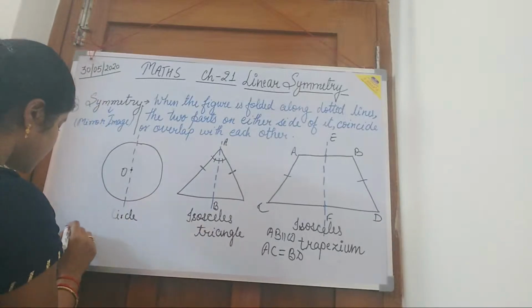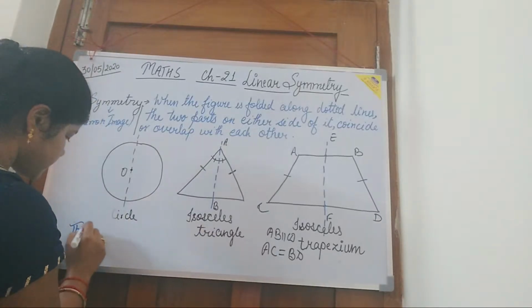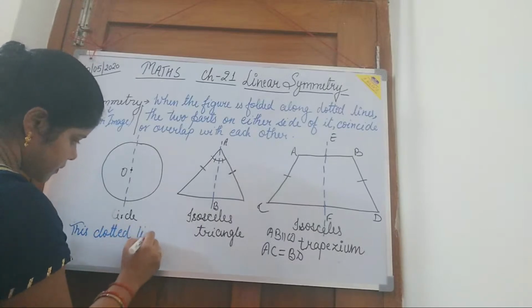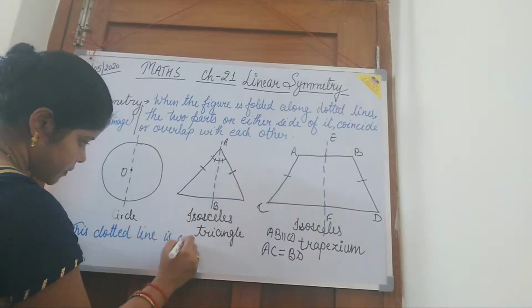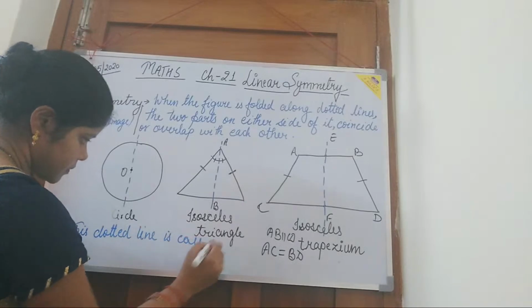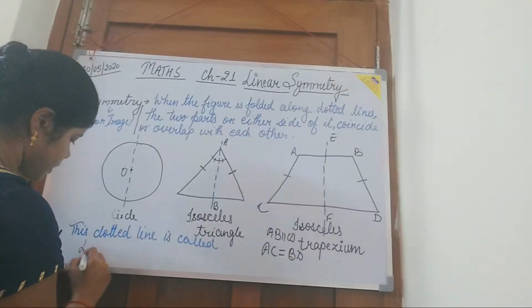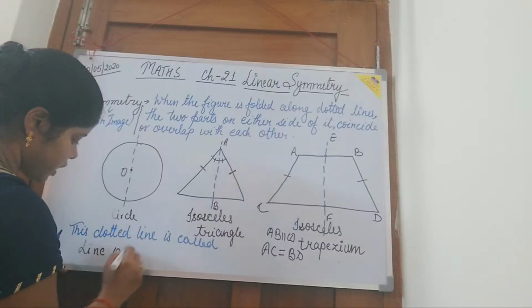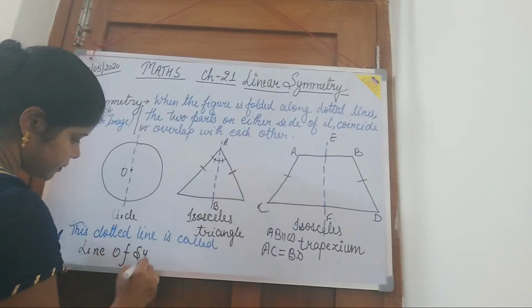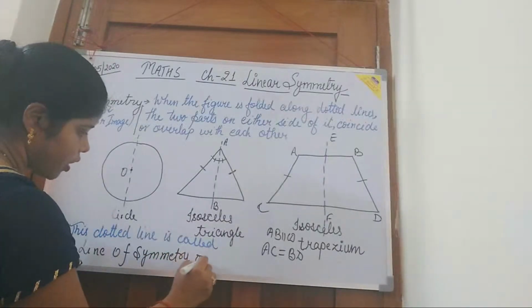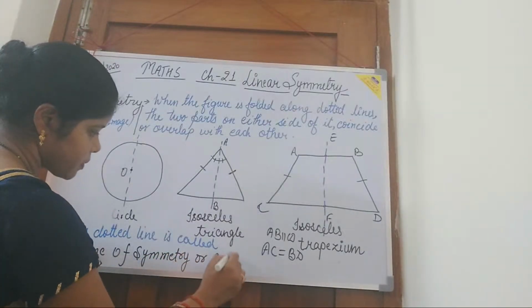This dotted line is called the line of symmetry or axis of symmetry.